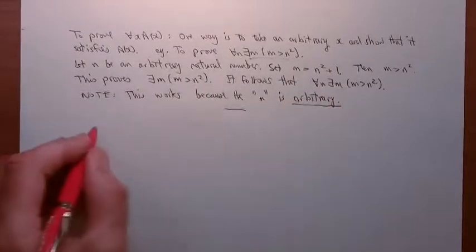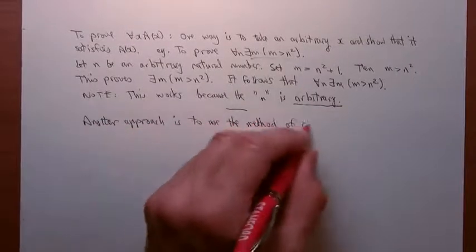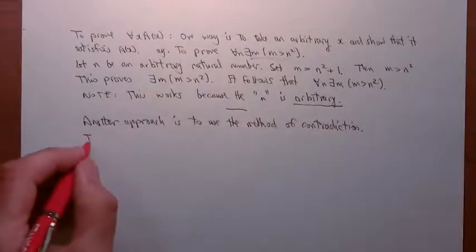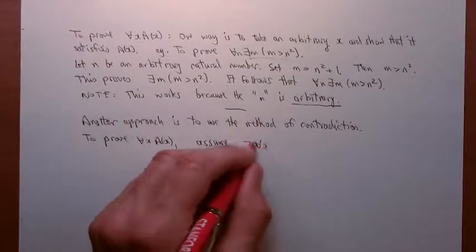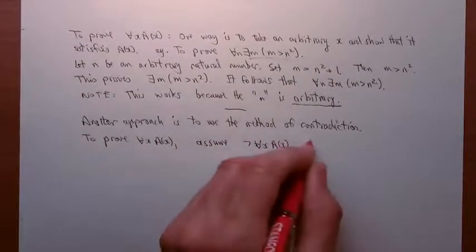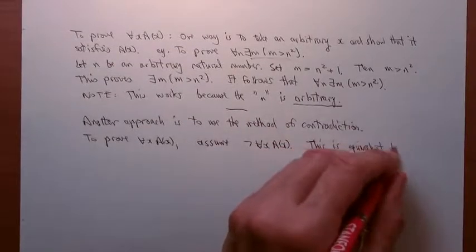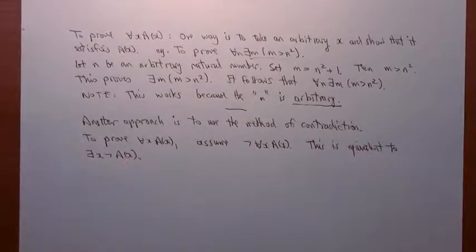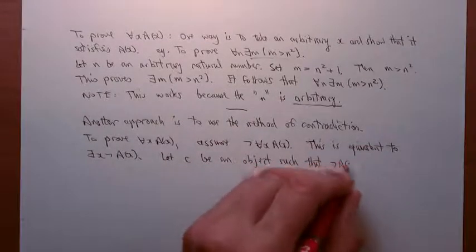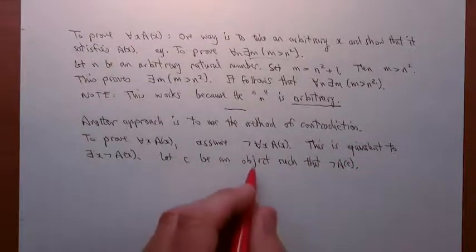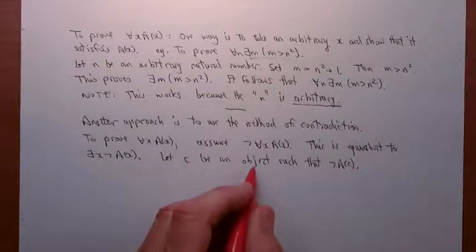Well, another approach would be to use the method of contradiction. To prove for all x A of x, assume not for all x A of x. This is equivalent to there exists x not A of x. Well, let c be an object such that not A of c. Notice that this isn't an arbitrary object.